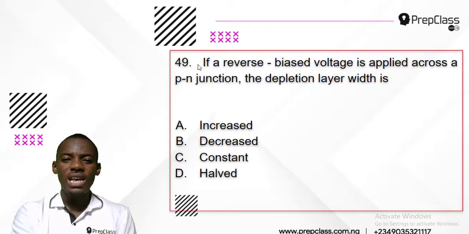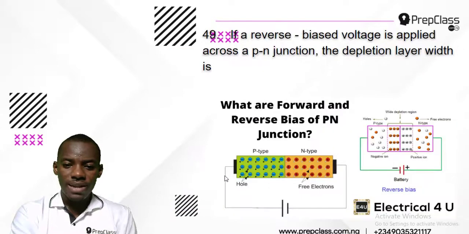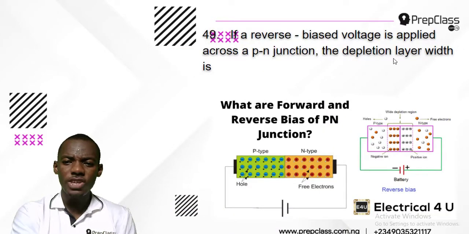Now, number 49 says if a reverse bias voltage is applied across a PN junction, the depletion layer width is what? Is it increased, decreased, constant, or halved? Now, whenever you hear the word depletion layer, it is the layer between the P and the N. You know, this is a PN junction.